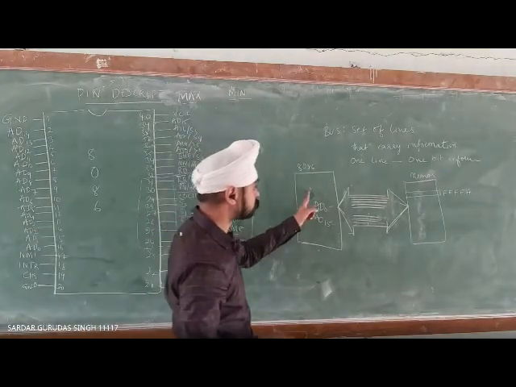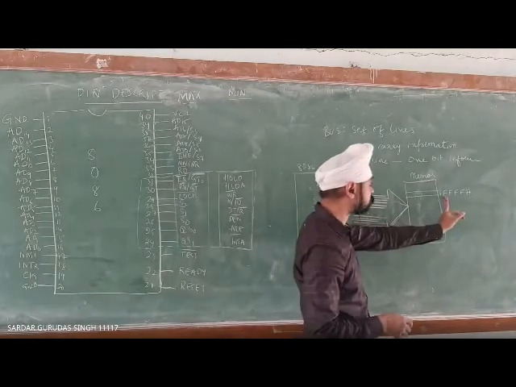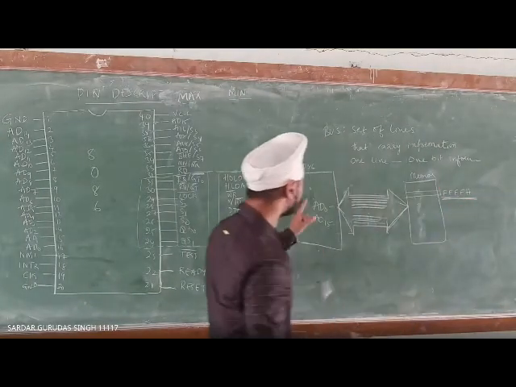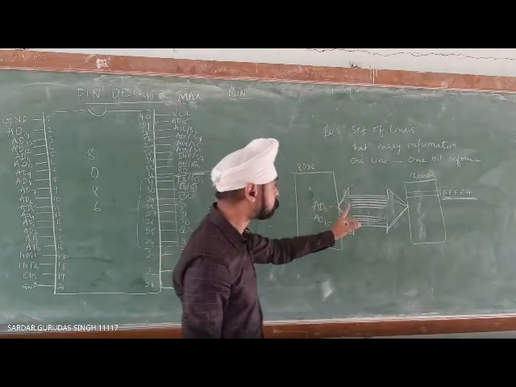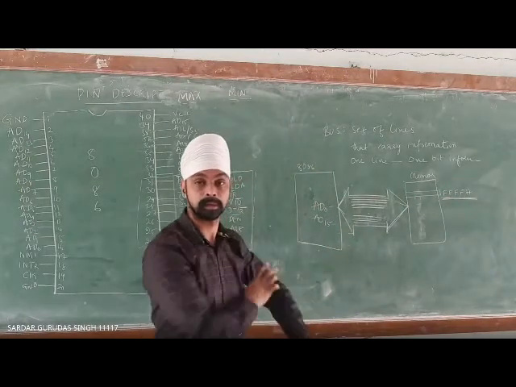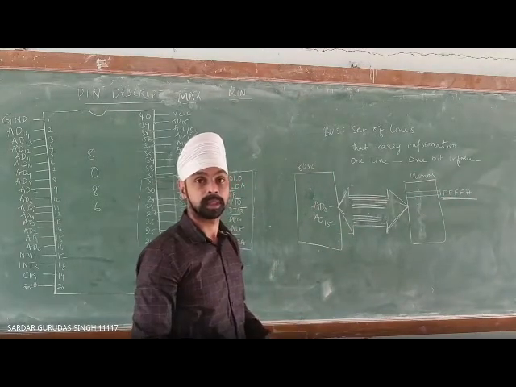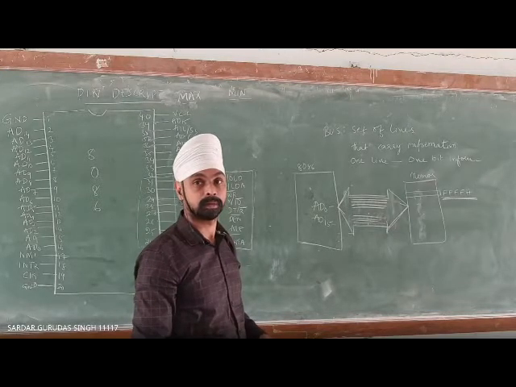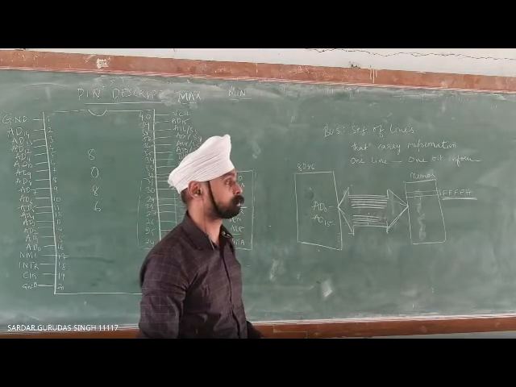If the processor wants to access this particular location, in the sense this address, what does the processor need to send on the bus? Address or data? Address.